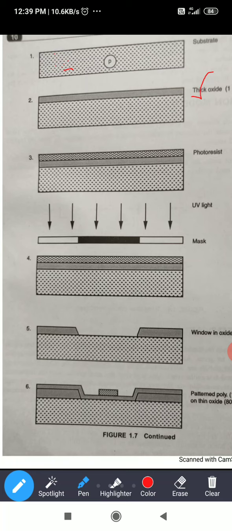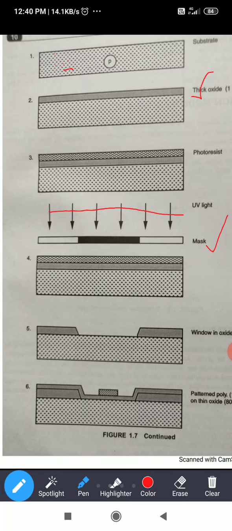Next, after photoresist, we apply UV light, ultraviolet light. The photoresist layer is exposed to ultraviolet light through a mask which defines those regions into which diffusion is to take place. Here we are applying UV light, and this is the mask.